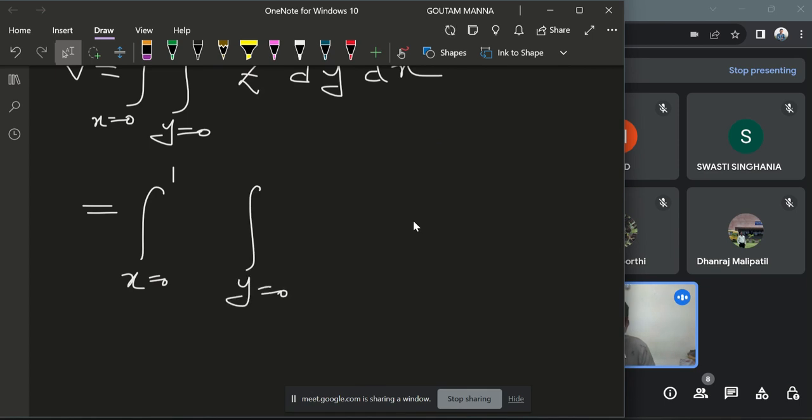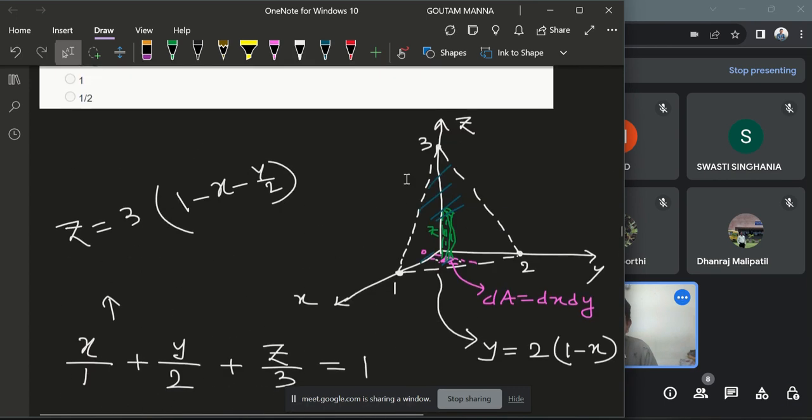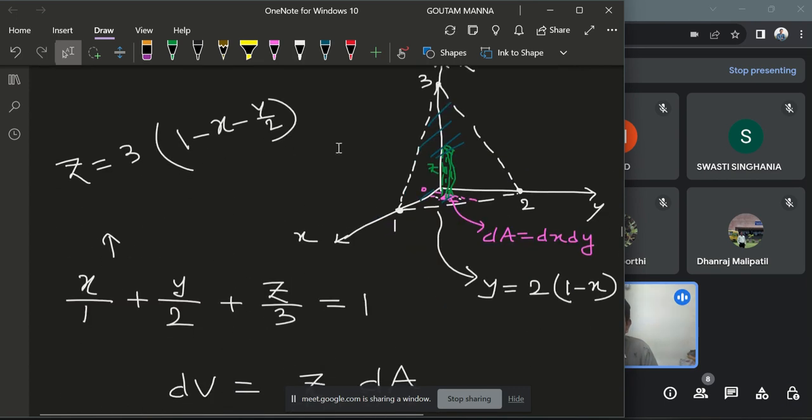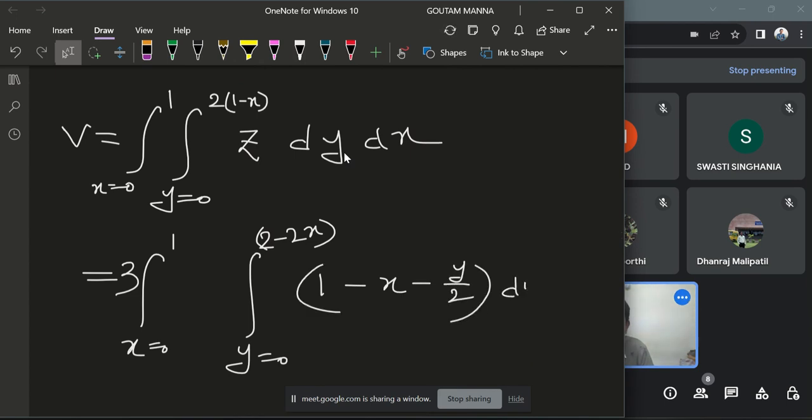So y goes from 0 to 2 minus 2x, and z is 3 times (1 minus x minus y by 2), so I can put 3 here, (1 minus x minus y by 2) dy dx.